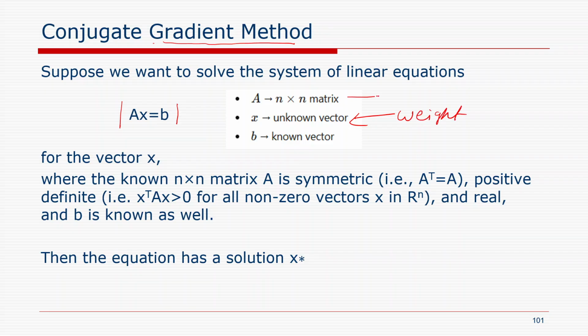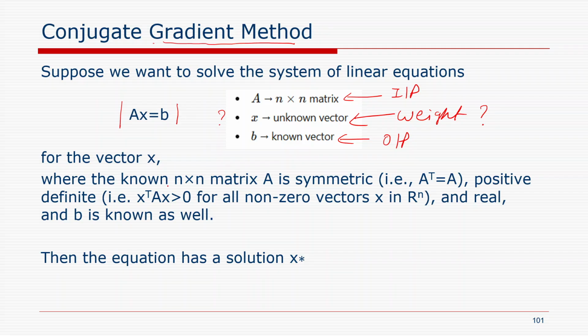We have the input with us, and the known vector, the output, is also known to us, but we don't know what weight vectors we have to put. So it is relatable to the neural network we have studied. A is known, X is unknown, and b is known, and in the conjugate gradient we try to solve this to get the solution.